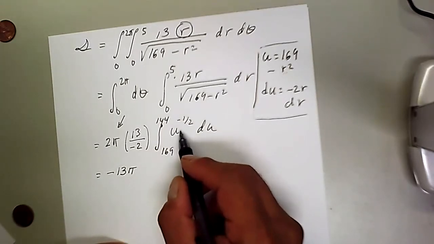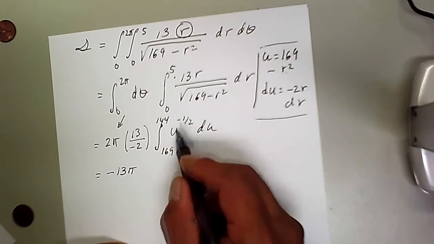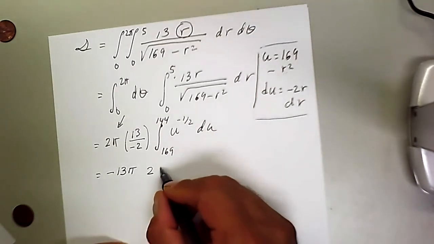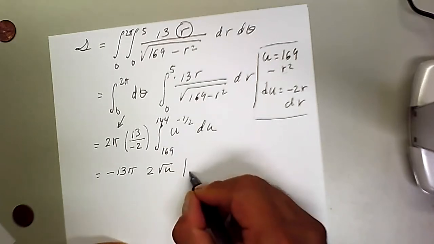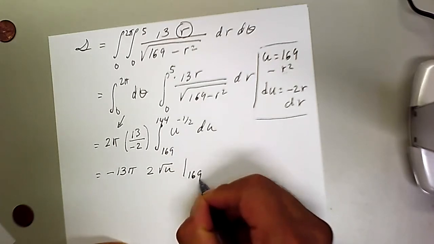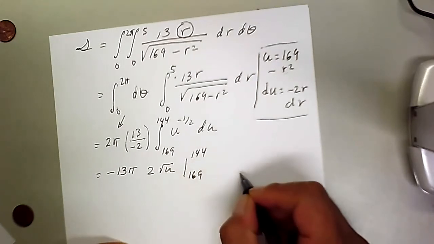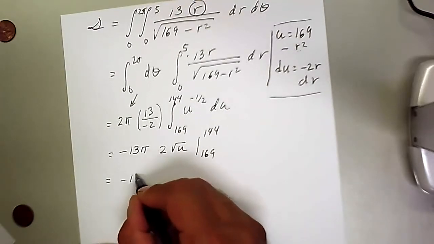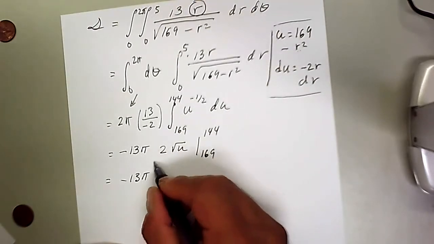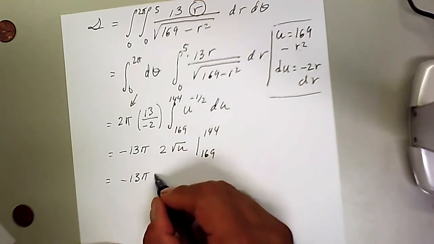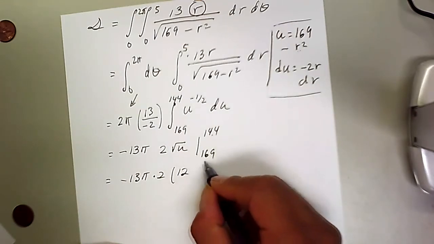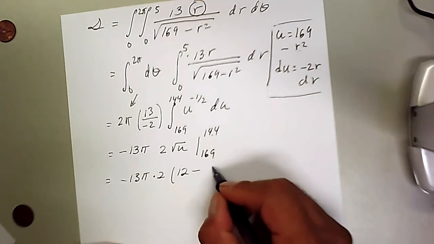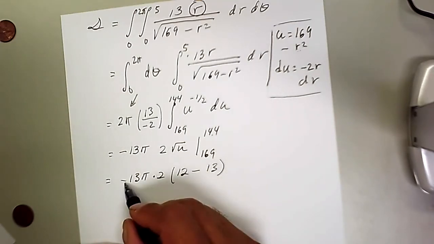The antiderivative of that is u to the 1/2 over 1/2, which is 2 square root of u, from 169 to 144, -13 pi. Well, I should have multiplied by 2, so times 2. Square root of 144 is 12, minus square root of 169 is 13. That is going to give us -1, which cancels with that -1.